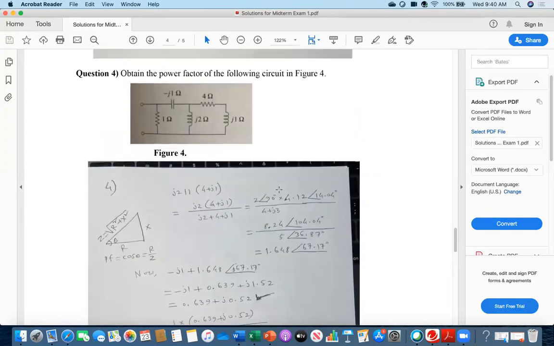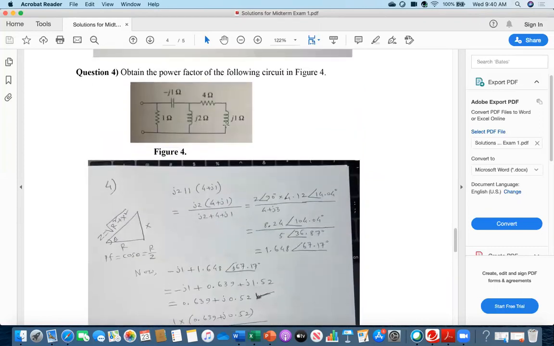So everybody, find the equivalent impedance. The 4 ohm is in series with J1, and that combination is in parallel with J2. You see, I wrote in the first line J2, parallel sign, 4 plus J1, and then I simplified. That combination is in series with minus J1, which I added, and that whole combination is in parallel with 1 ohm.